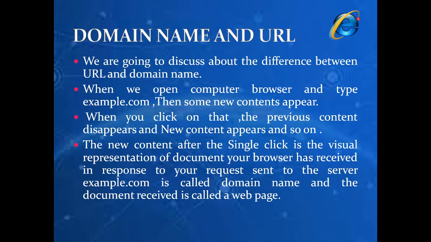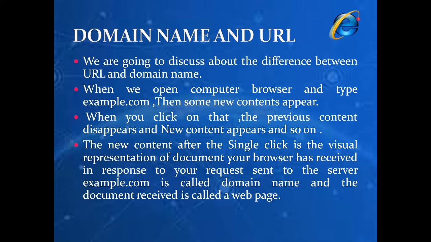When we open a computer browser and type any website name, for example example.com, then what happens? Some new content appears in our browser. When we click on that content, the previous content disappears and new content appears, and so on.